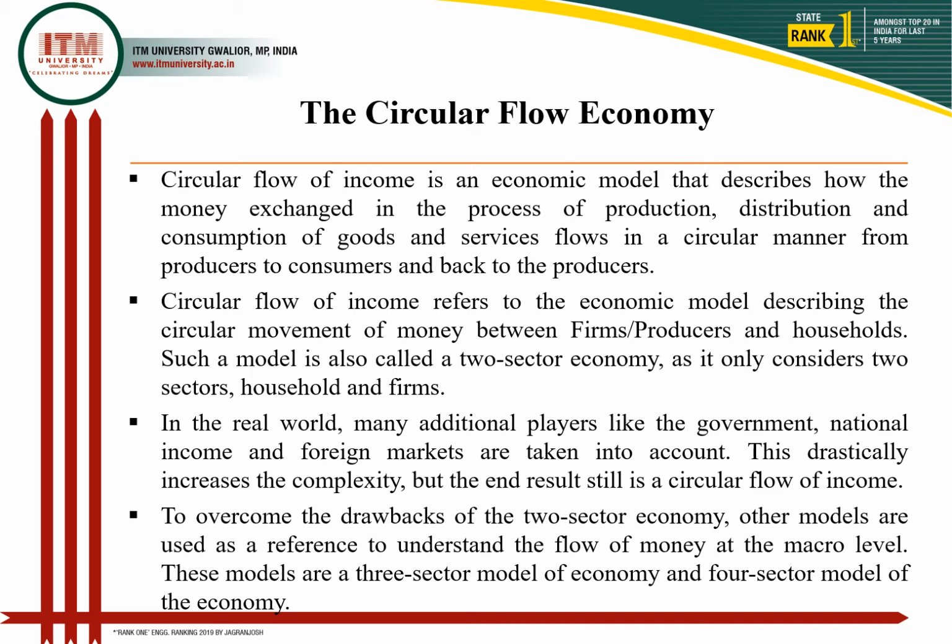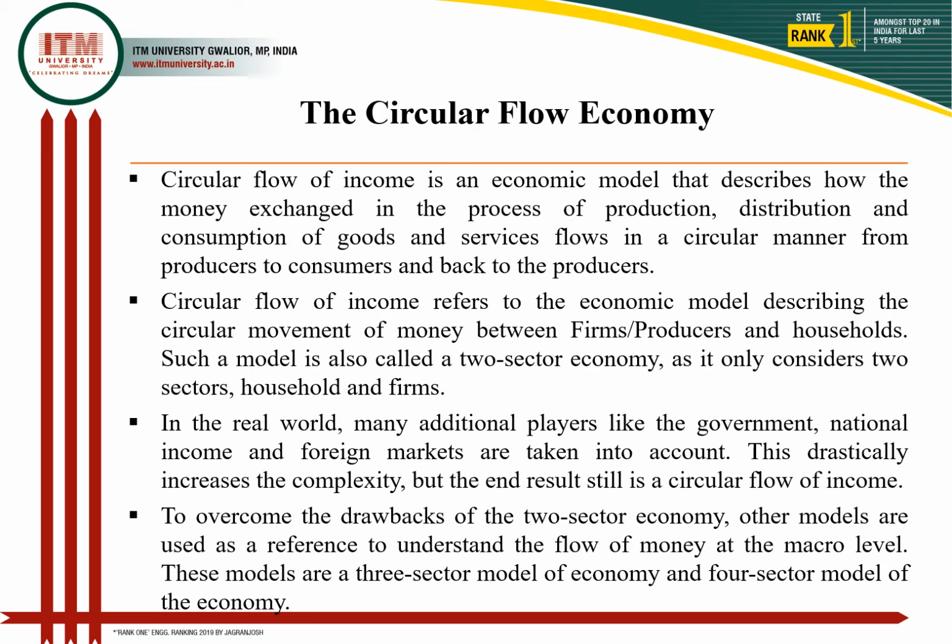There is a lot of variation, because in a particular economy not only consumers and producers are related; there are many other things that add to it, such as government involvement and financial markets, and all these increase the complexity of the circular flow of income.